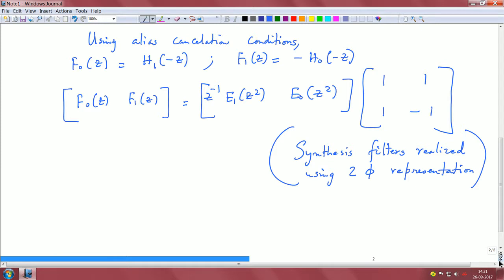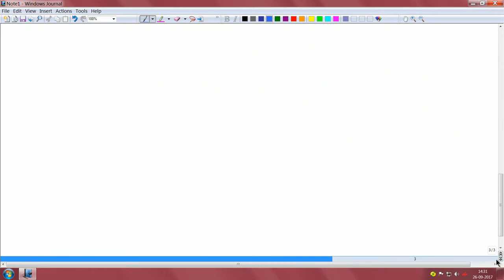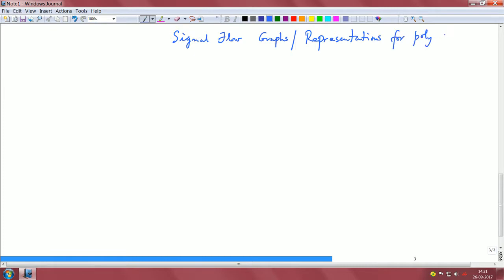So, let us look at the signal flow graphs for realizing these filters, for a polyphase realization.